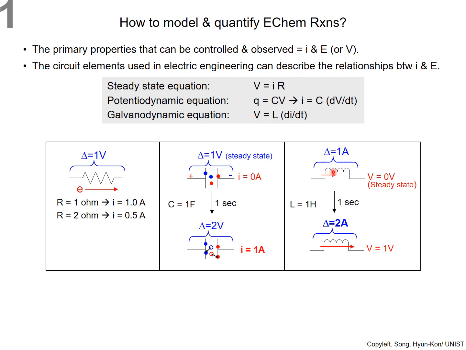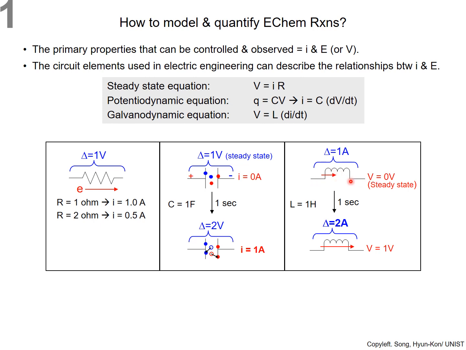Here is a coil of copper wire. That is the inductor, you know. Then I am applying a current of 1 ampere through the copper coil for a specific time period. In that case, at the steady state, voltage is not developed between the ends of the copper coil.